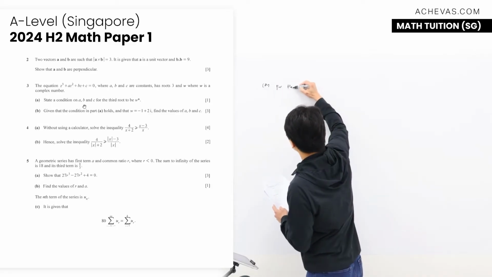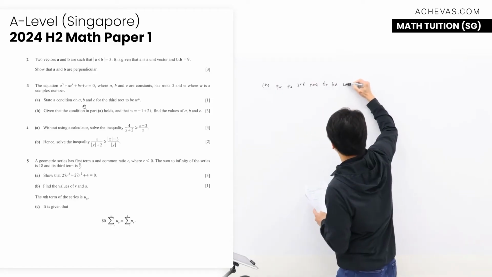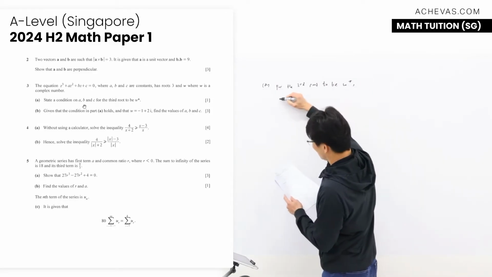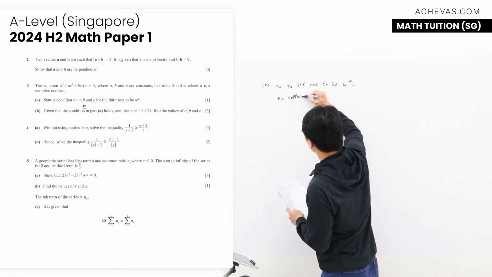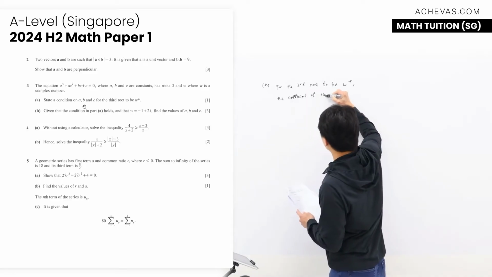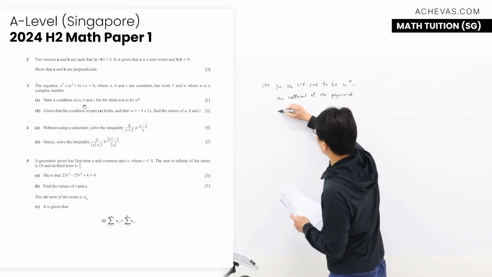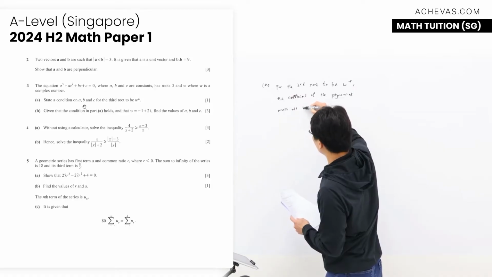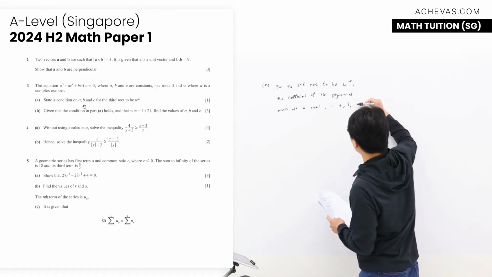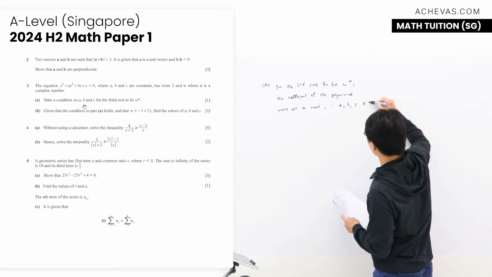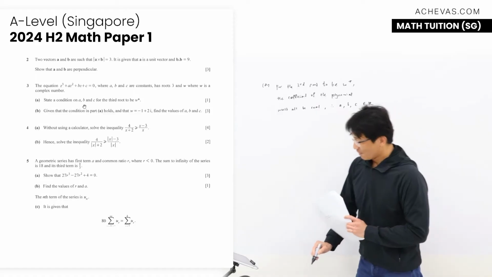For the third root to be w conjugate, the coefficients of the polynomial or equation must all be real. Therefore, a, b, c must be a subset of the real numbers. That will be the condition.